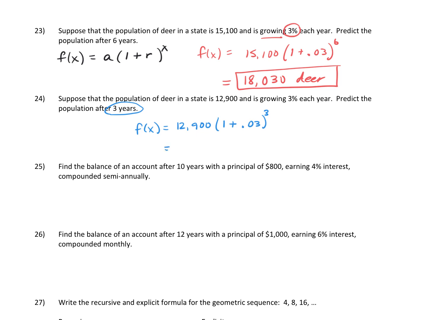So then, grab your calculator, type it in very carefully, and when we do that, we get 14,096, rounding to the nearest deer. This will be the population of the deer in 3 years. That's what we are predicting.